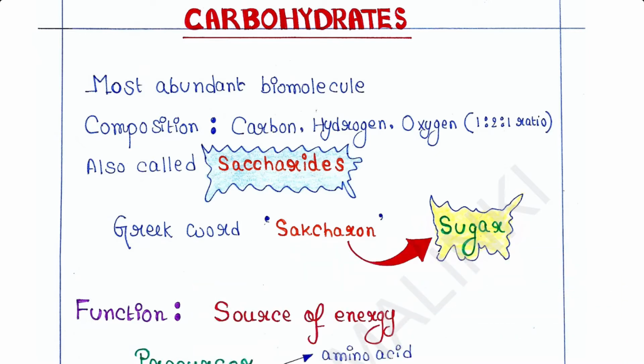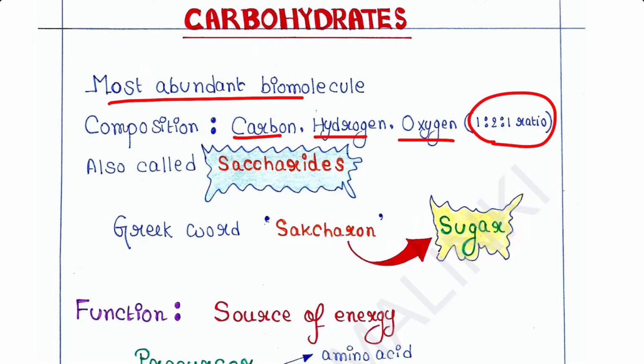So carbohydrates are the most abundant biomolecule in nature. They are primarily composed of carbon, hydrogen and oxygen in 1:2:1 ratio.